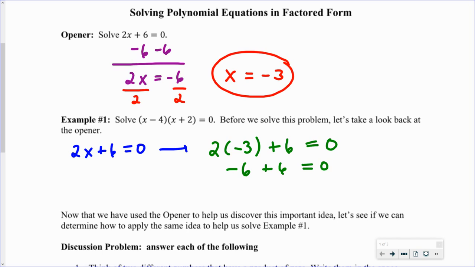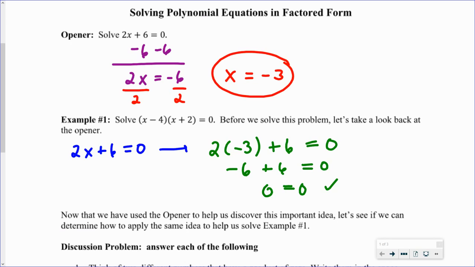And negative 6 plus 6 is 0. So 0 does indeed equal 0. So in this particular case, x equals negative 3 is the value of x that makes the left-hand side of that equation also equal to 0.